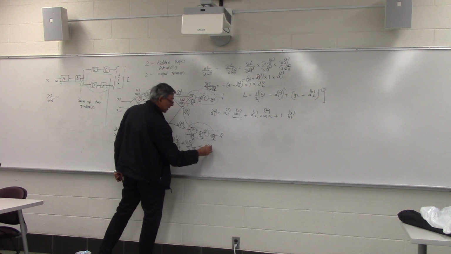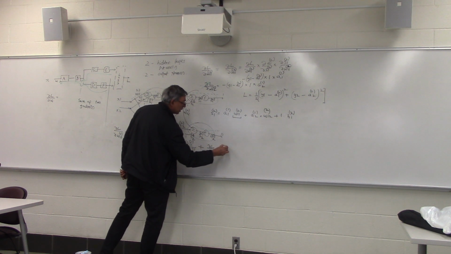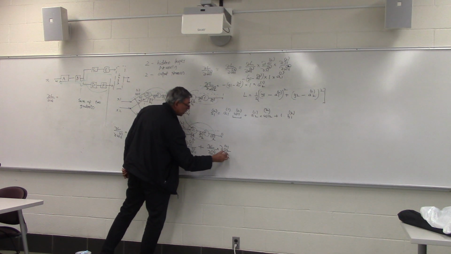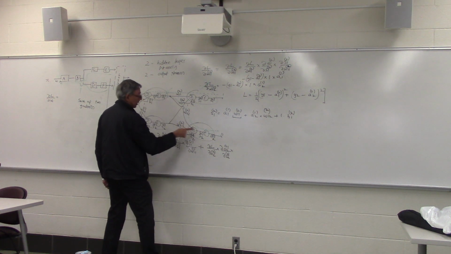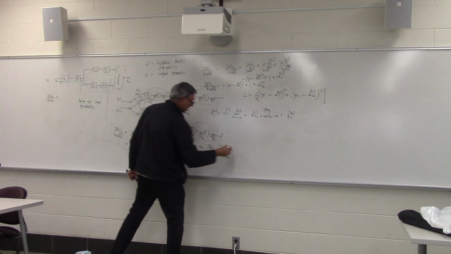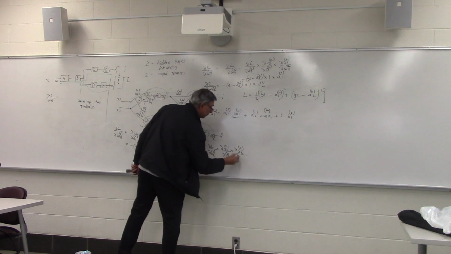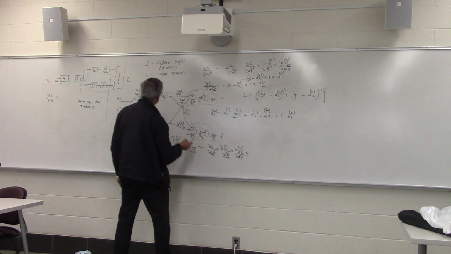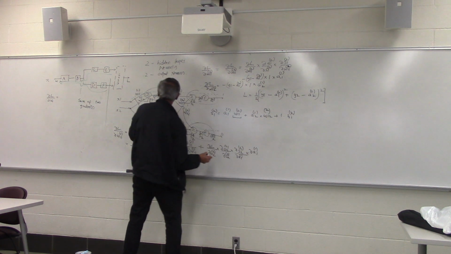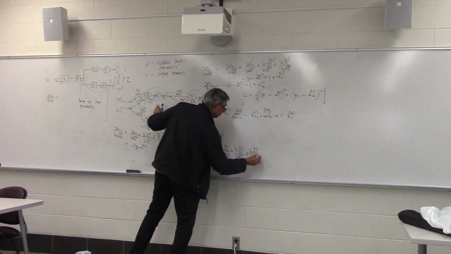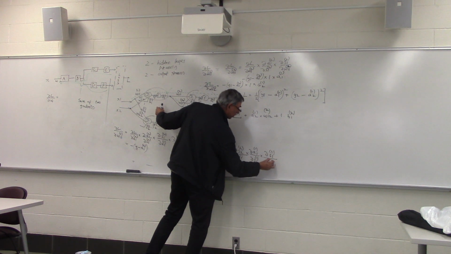The second path will be partial L over partial A2 of 2, partial A2 of 2 over partial S2 of 2, times partial S2 of 2 over, sorry, I'm going up, A1 of 1, times partial A1 of 1 over partial S1 of 1, times partial S1 of 1 over partial W1.